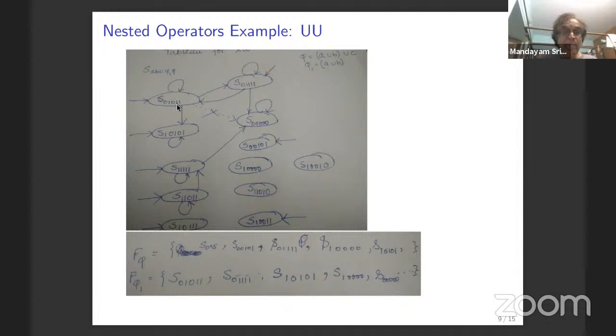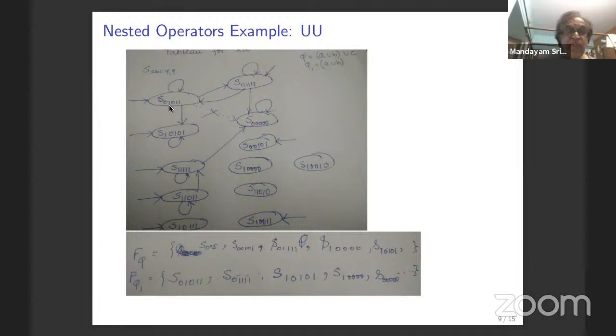This is A, B. Since B is true, obviously phi 1 has to be true. Phi can be true here or may not be true, so both are possible.